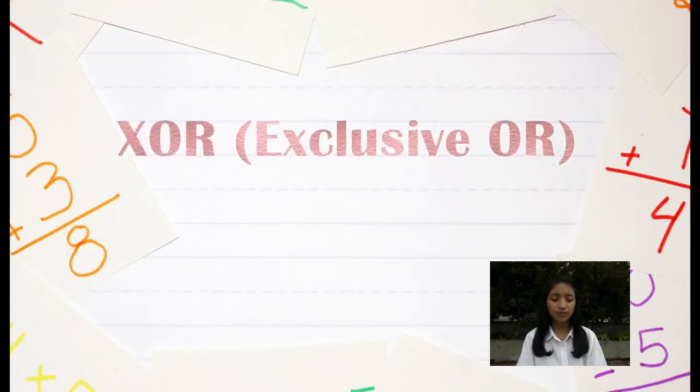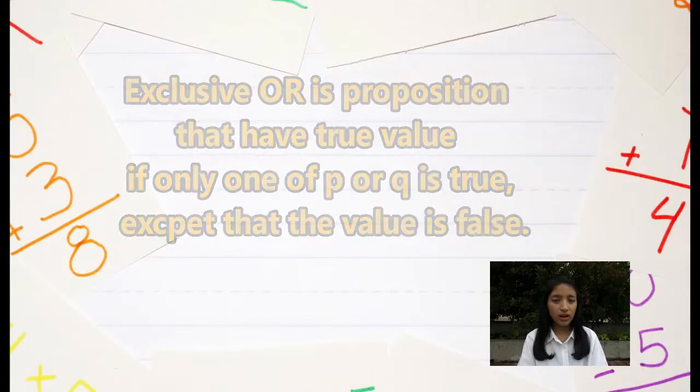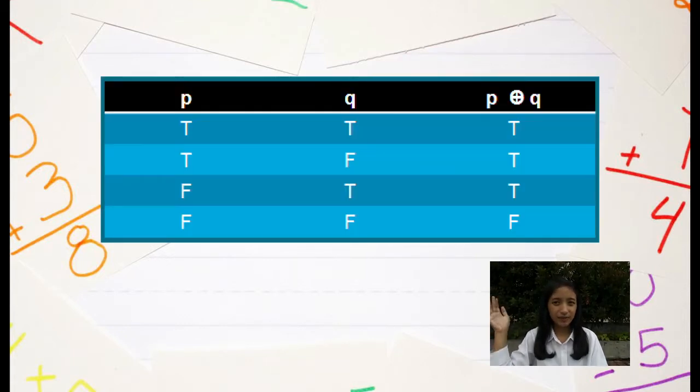Exclusive or, XOR. Exclusive or is a proposition that has true value if only one of P or Q is true, otherwise the value is false. And the truth table is like this.